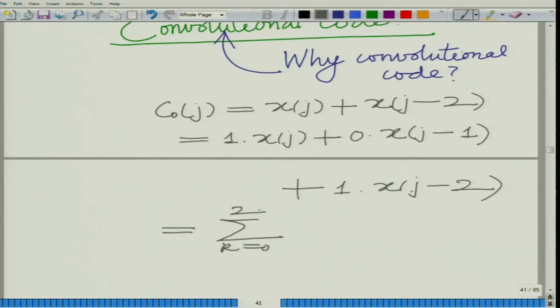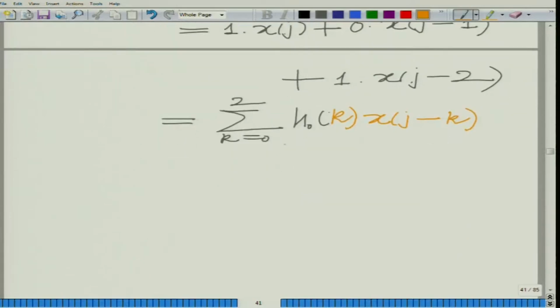summation k equal to 0 to 2 h0k times x of j minus k, where now h00 equals 1, this is basically your h00, this is basically your h01, and this is basically your h0 of 2.